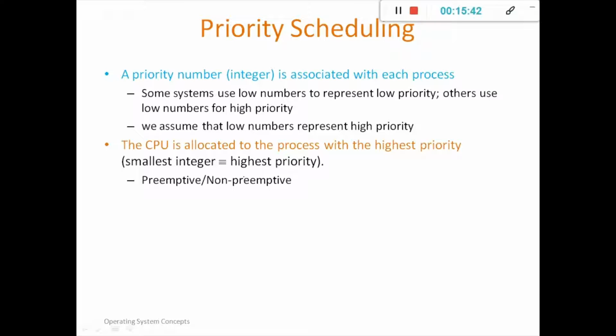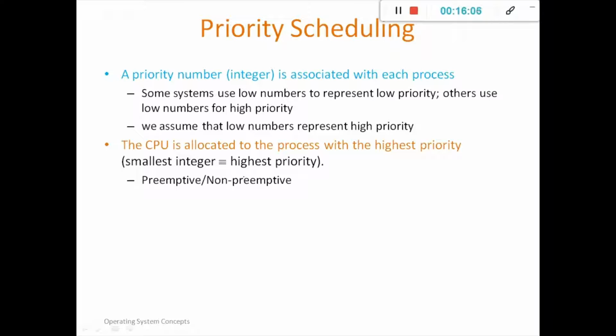In this situation, the CPU will be preempted or released from the currently running process and allocated to the process which has entered the ready queue, because its priority is higher. So in this case preemption will occur.